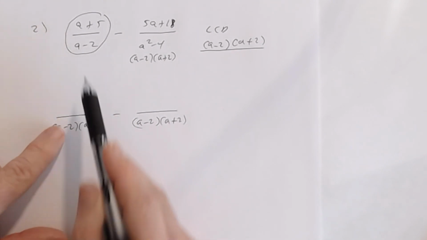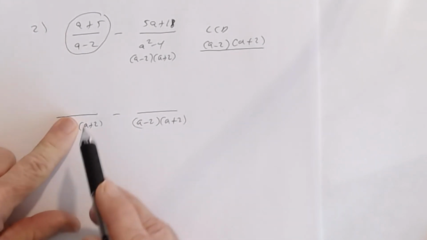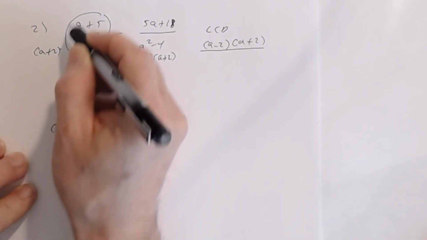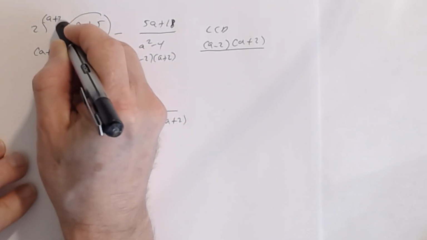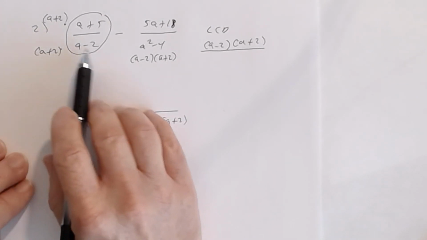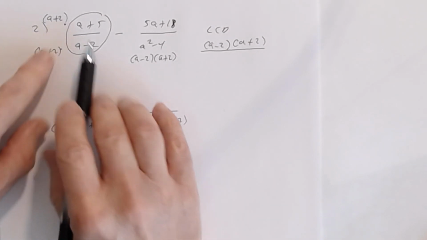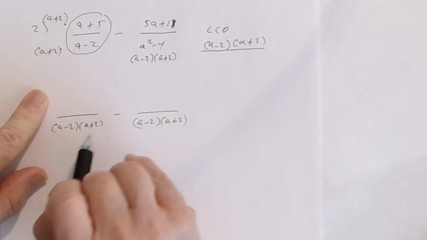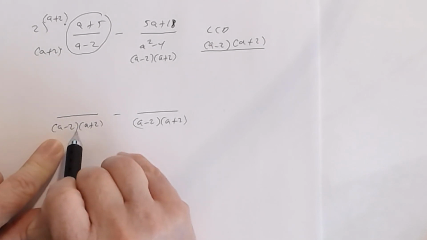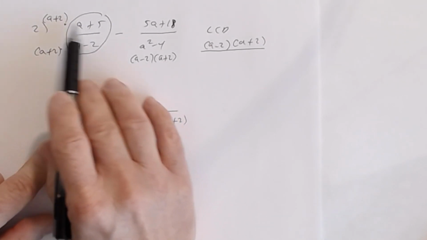I have the a minus 2, I'm going to cover it up, so I need the a plus 2. So I'm going to say times a plus 2. What I do to the denominator, I must do to the numerator. But notice, just like we did in another problem, this rational expression is equivalent to a rational expression with this denominator having this numerator.